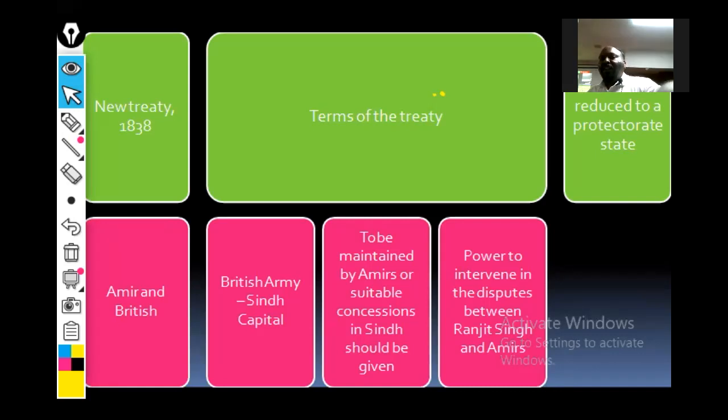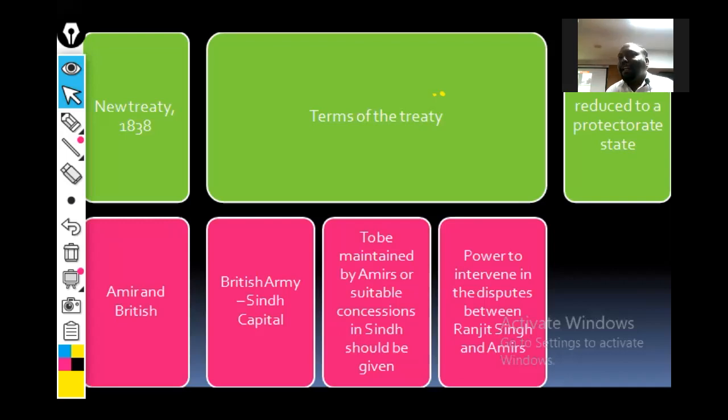Then what does Sindh have to do? Dismantle all your army, no standing army. You should not employ any European. And if you want to meet or employ anybody without the consent of the British, you cannot employ them. And finally, if somebody attacks externally, we will protect you.